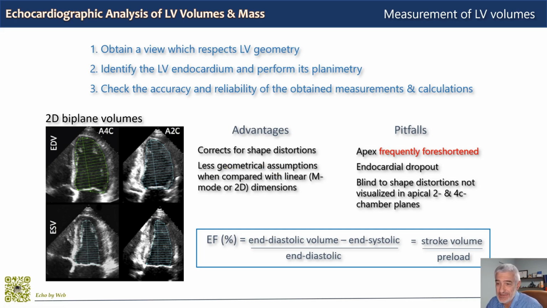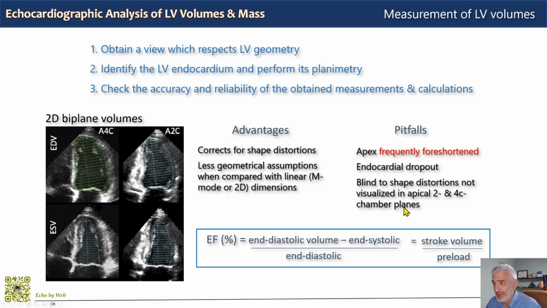On the flip side, the most frequent error or pitfall is that the apex is frequently foreshortened, with the consequences that we will see in a minute, and then you can have endocardial dropout. There is also the problem that we are blind to shape distortions which are not visualized in the 2- and the 4-chamber planes.